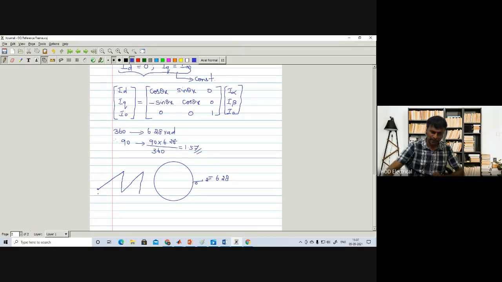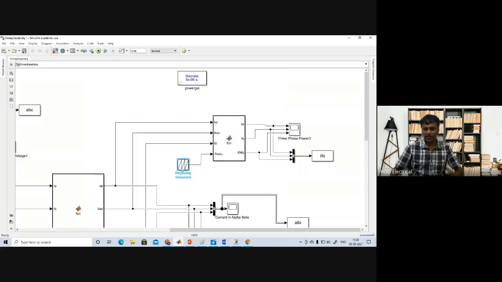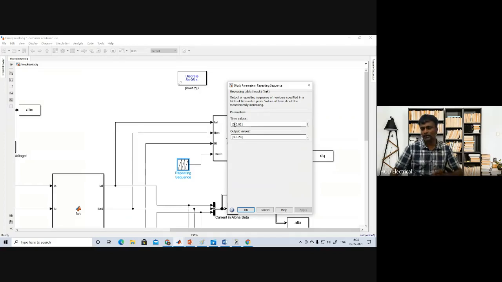So this time period is 0.02, this magnitude is 6.28, and this magnitude is 0. That's what I have done here, in this block: 0.02, 0, 6.28.